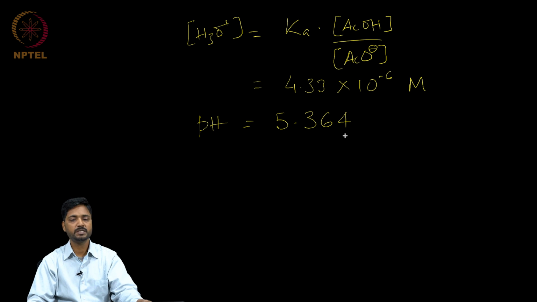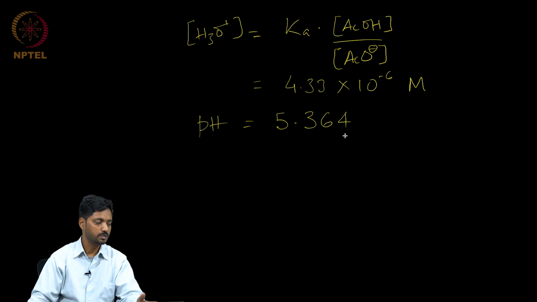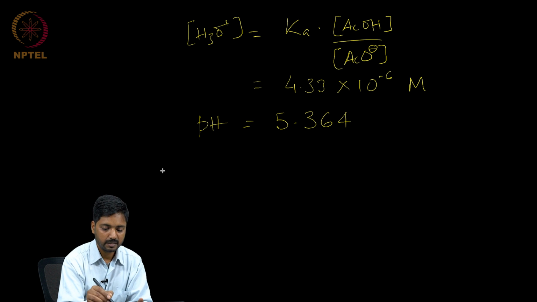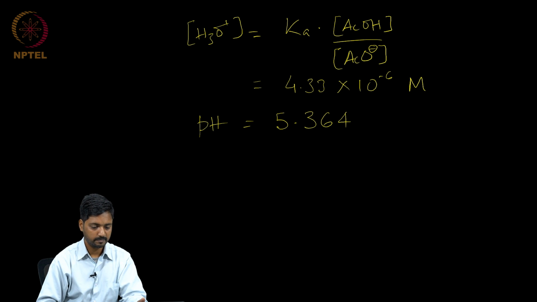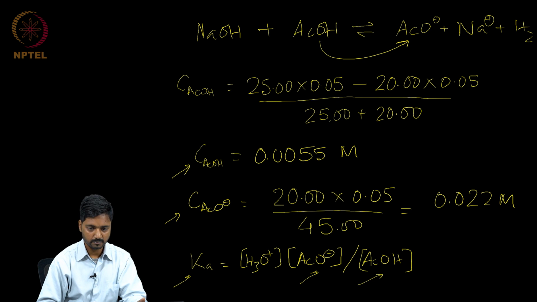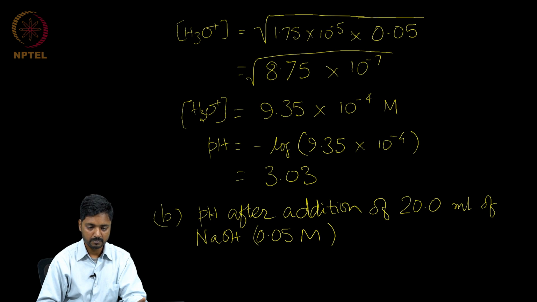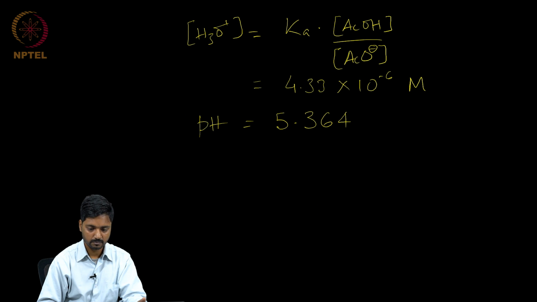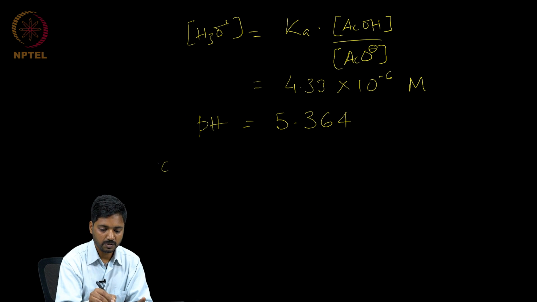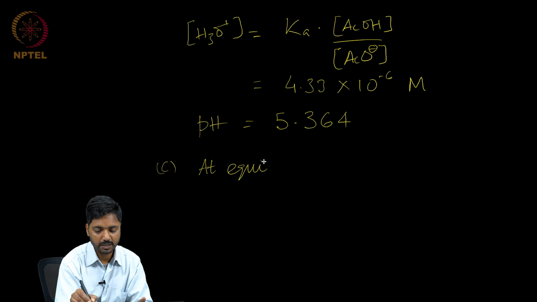Now, let us see what happens as we keep adding sodium hydroxide into this medium. So, let us see a third condition, which is going to be at the equivalence point.